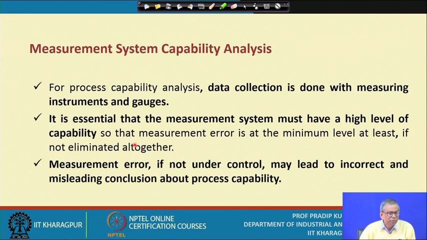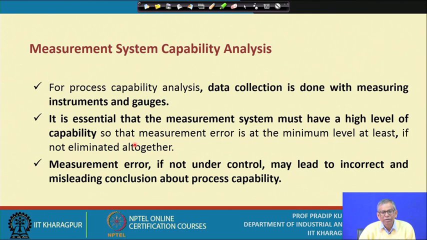Now, related to measurement system capability analysis, a few points I would like to highlight at this stage. We have been saying that for carrying out any exercise on quality, you need data.